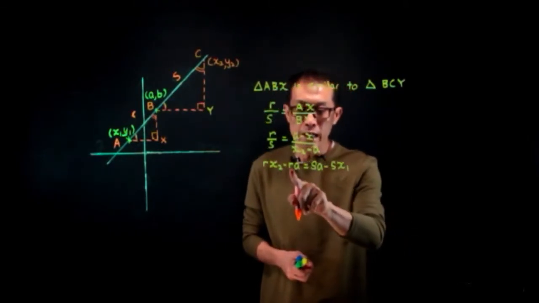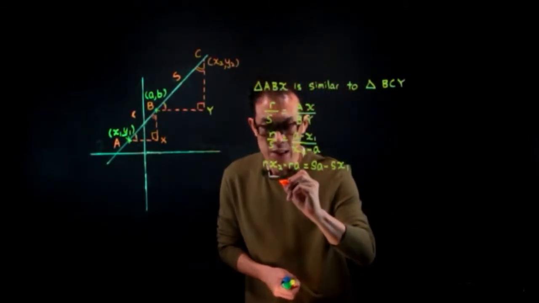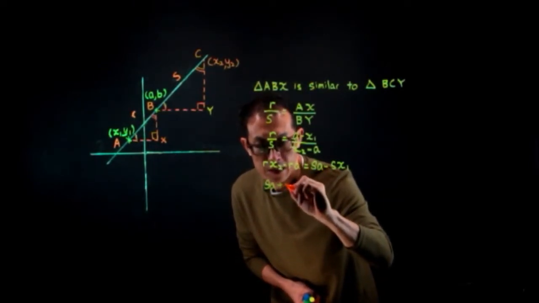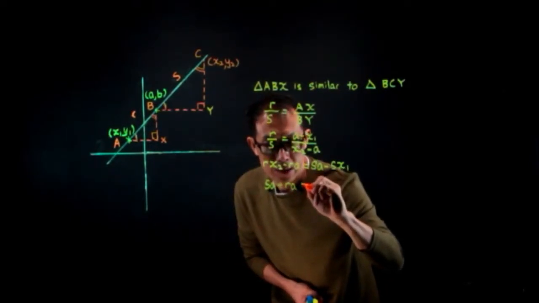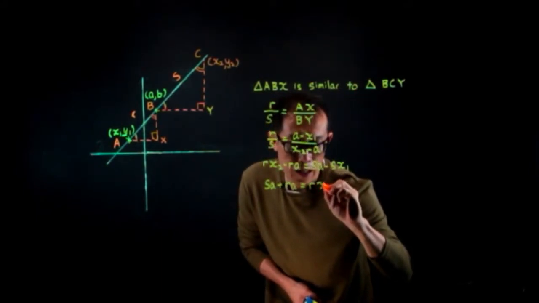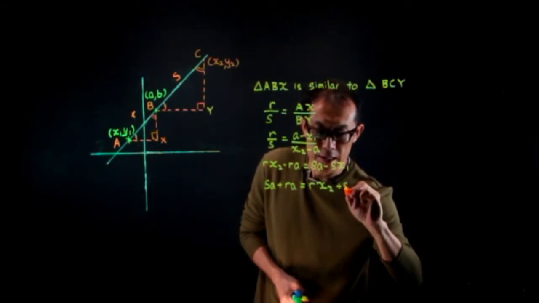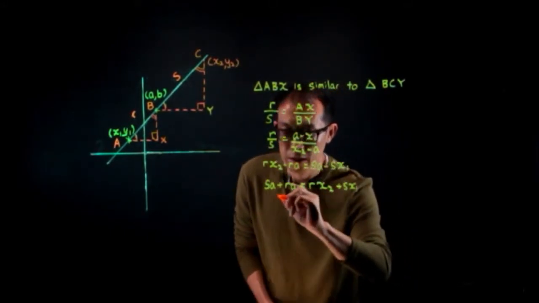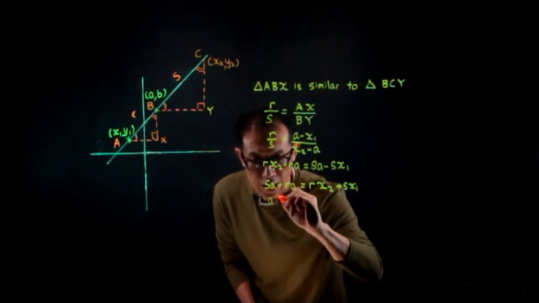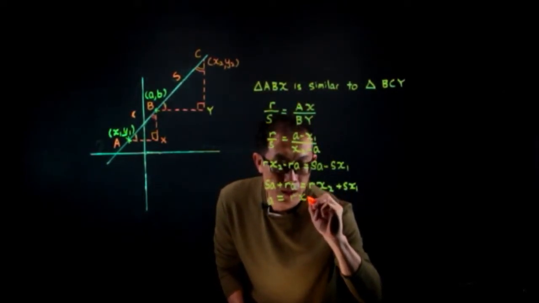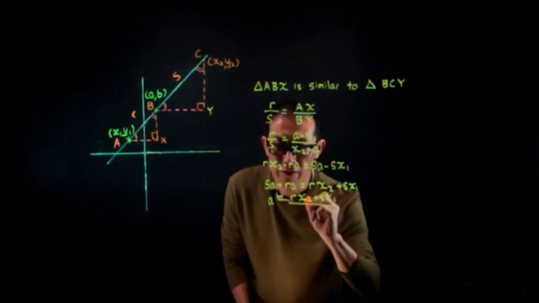Now all those A, you can bring to one side. So you have SA plus RA equals R X2 plus S X1. Then you factorize the A out and you bring it to the other side. What do you have?